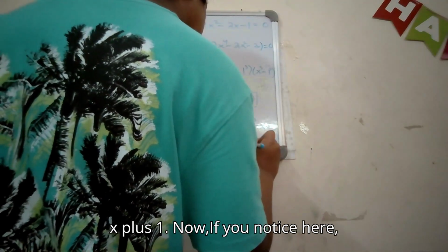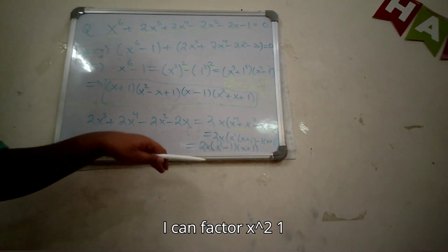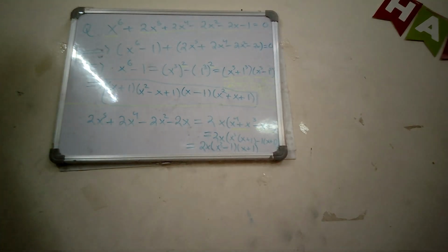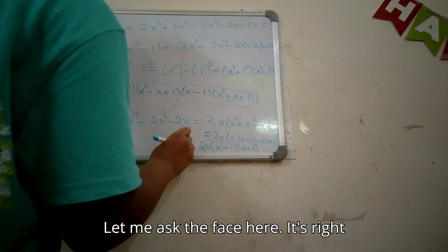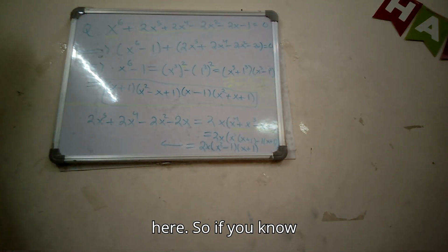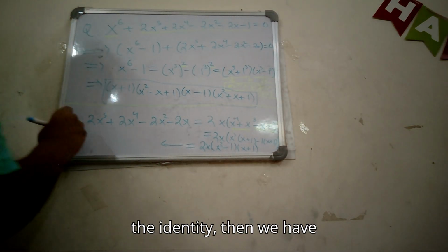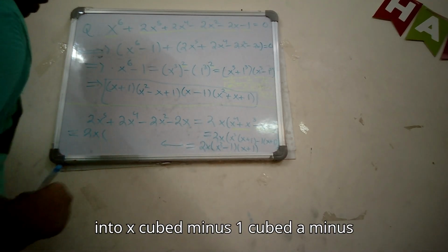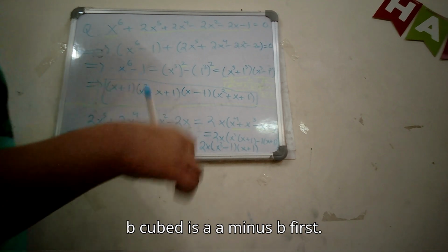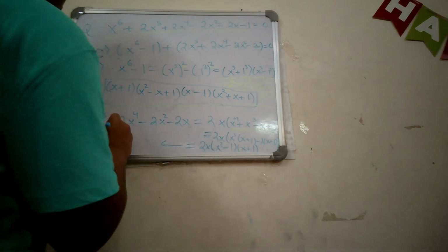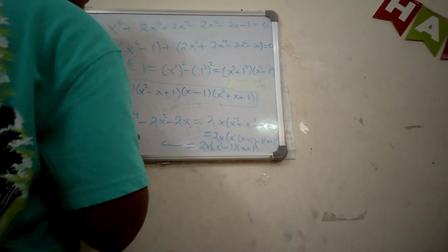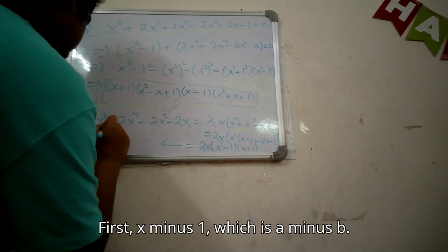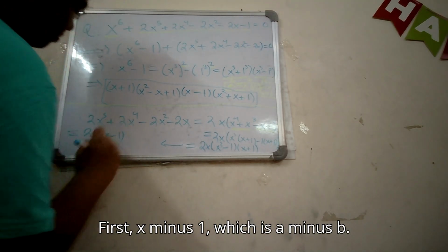Now, if you notice here, I can factor x cubed minus 1 again. I think I have some space here, so let's write it here. If you know the identity, then we have 2x into x cubed minus 1, where a cubed minus b cubed is a minus b first. So x minus 1 first, which is a minus b.